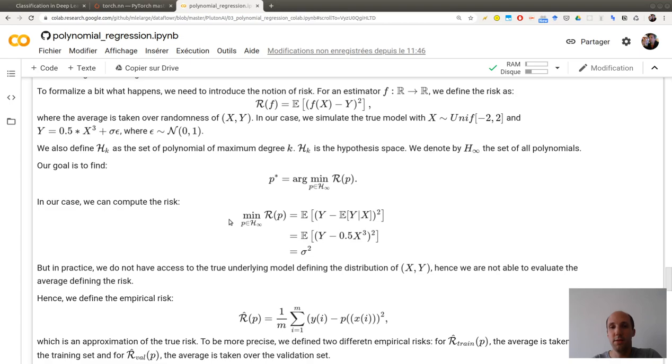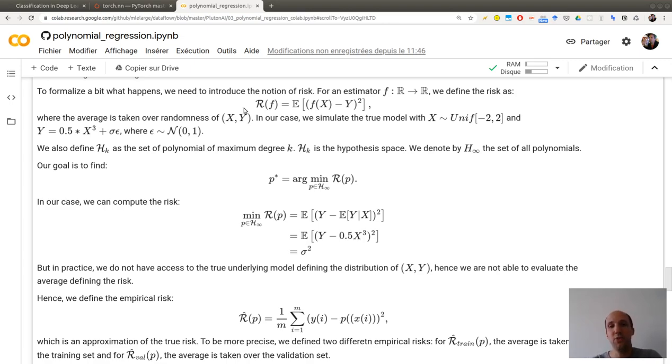And in my very simple case, it's very easy to compute this quantity actually. This is just the variance of the noise in my model, because I can use the true polynomial used in my model, and then I will cancel this term and just get the noise. So the minimum risk is obtained for the true polynomial and will achieve a risk equal to the variance of the noise in my model.